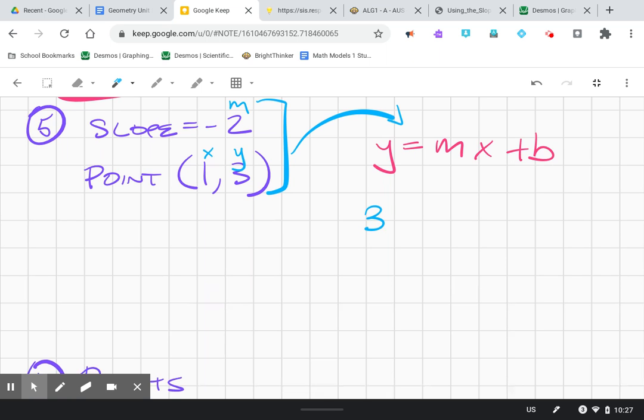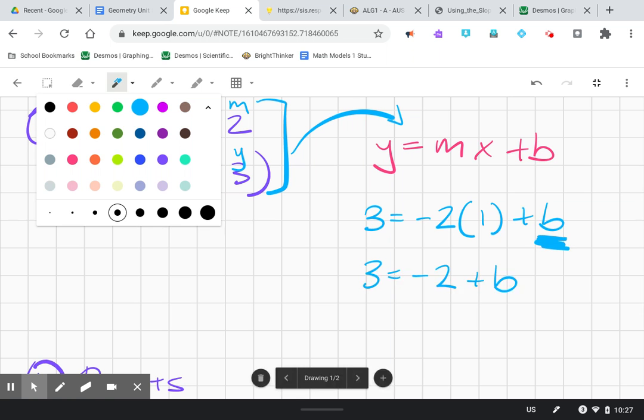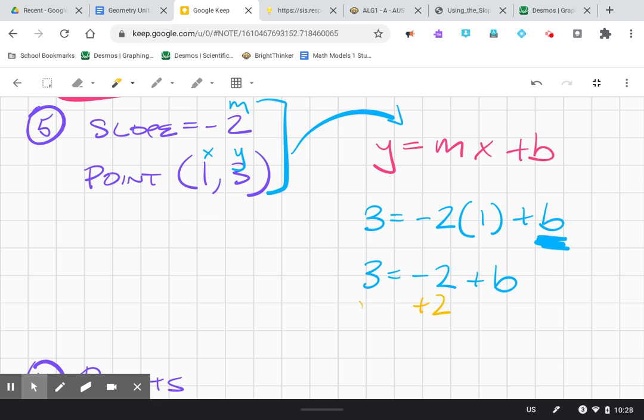So y is 3 equals m is negative 2 times x is 1 plus b, because we're going to solve for b. So I'm just going to work this out. 3 equals negative 2 times 1 is negative 2 plus b. And then I'm going to solve this equation by adding 2 to both sides, giving me b equals 3 plus 2 is 5.